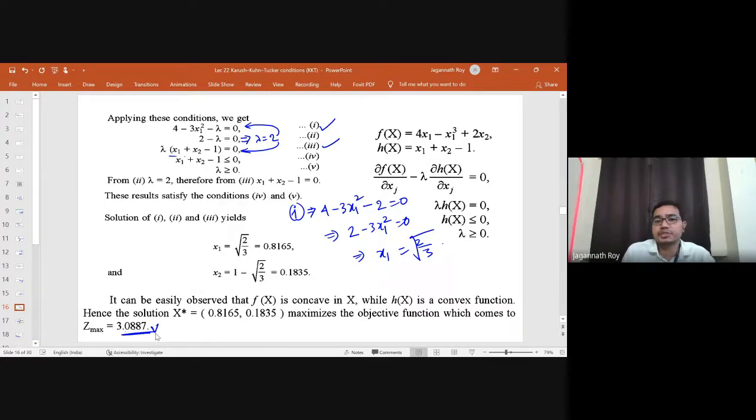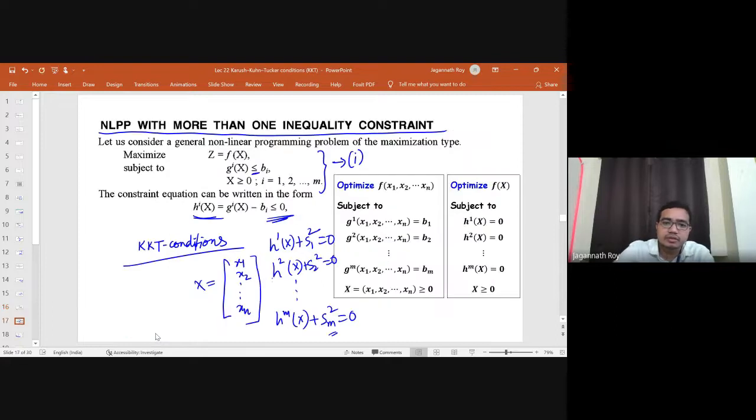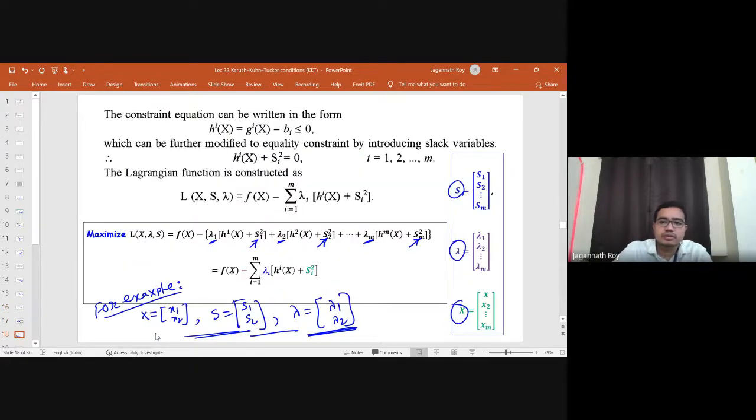Okay, the beauty of these Kuhn-Tucker conditions is that we will take the help of s, but we will not find it. Without finding it, here we have to find out these lambda variables. So that's actually the beauty of Kuhn-Tucker conditions. Although we can take s1 and s2, these slack variables, we don't have to find them out actually for finding the Kuhn-Tucker conditions.